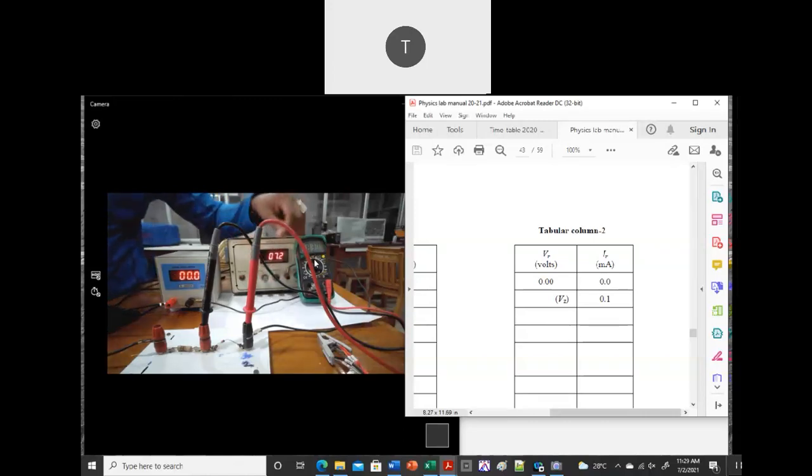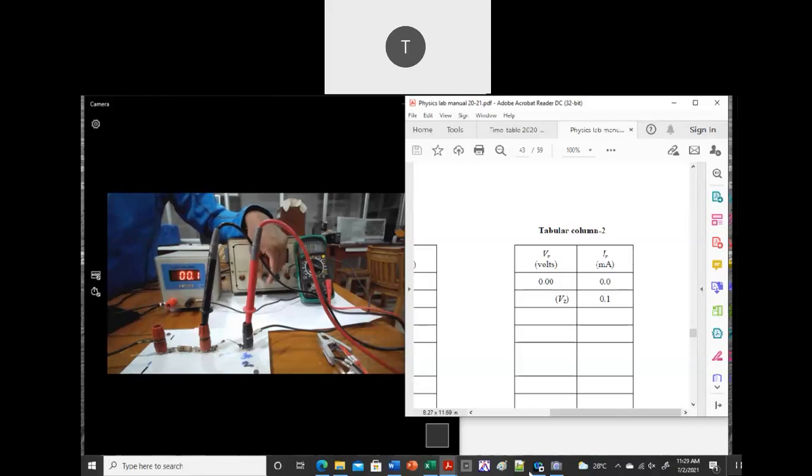There is some connection problem, but I think it's okay. It is fluctuating because it's not a good power supply. So 0.1 you get at 8.87. This is the Zener breakdown.